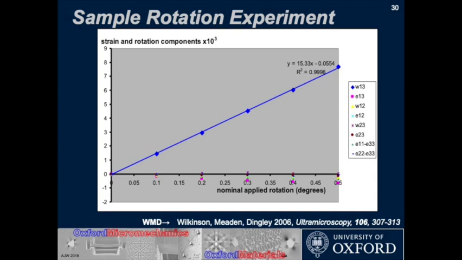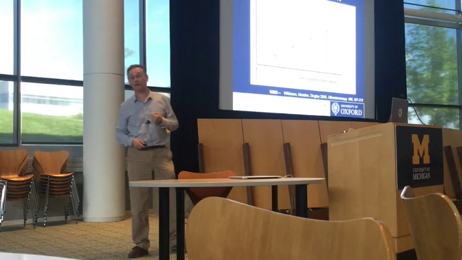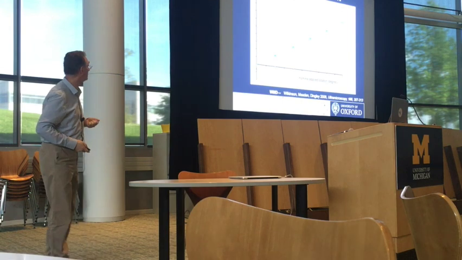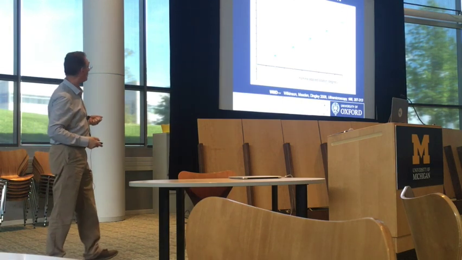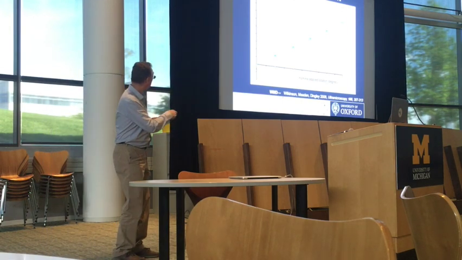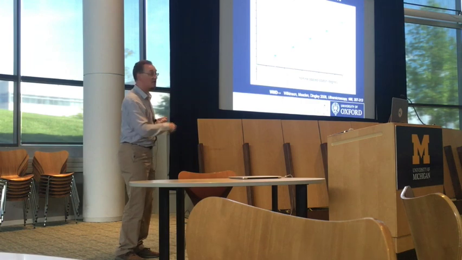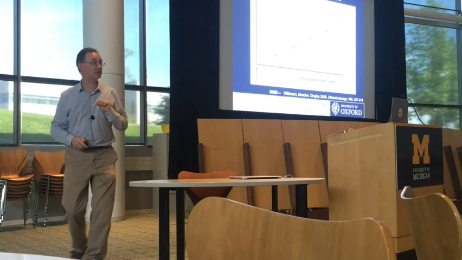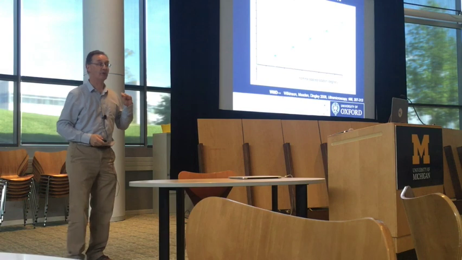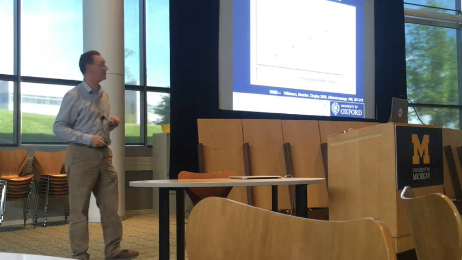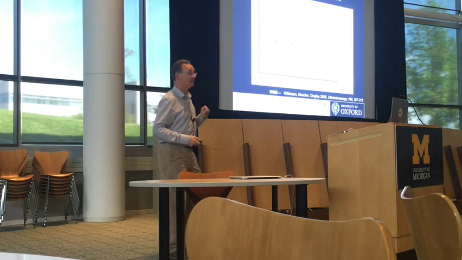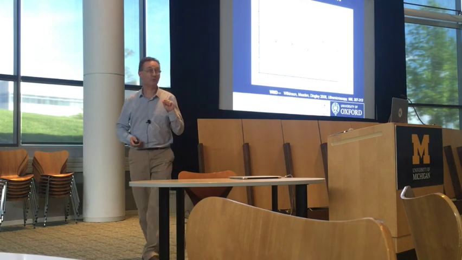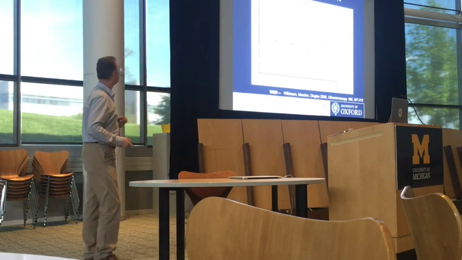All the other ones in here are staying down at 0, so that gives us some hope that there's a sensible measurement. But in some ways, more importantly, I was really more interested in how much scatter you get. So what I'm showing there, I think, is the means of those measurements, but we made repeat measurements of those, so you get some idea of the scatter, and that tells you about the precision of the technique.